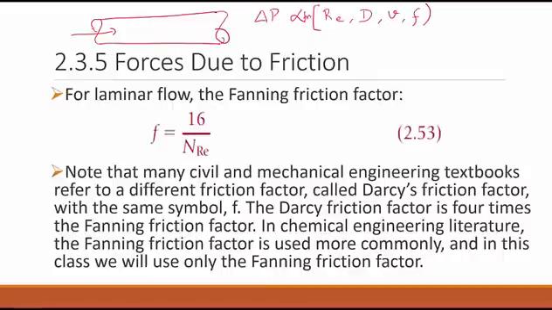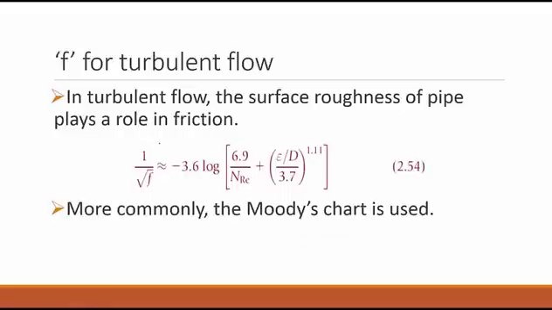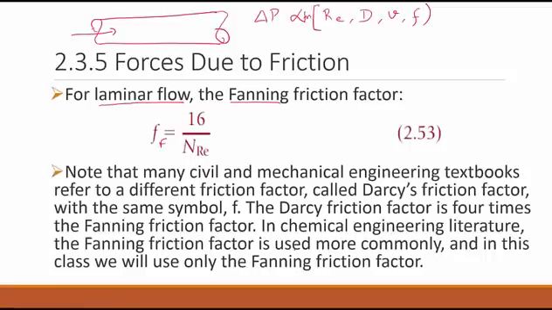That frictional factor F, in case of the laminar flow, is the Fanning friction factor. It's given by 16 by Reynolds number for the laminar flow. The key thing to note down is this is a Fanning frictional factor.